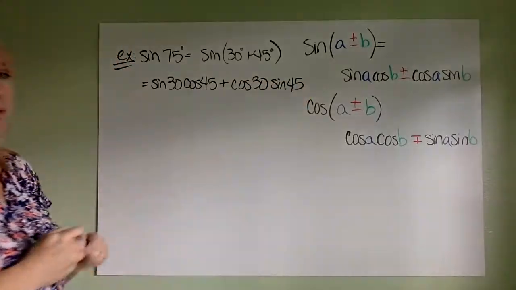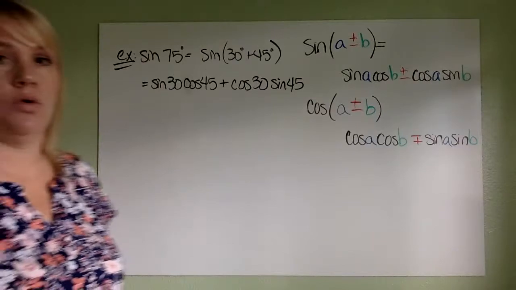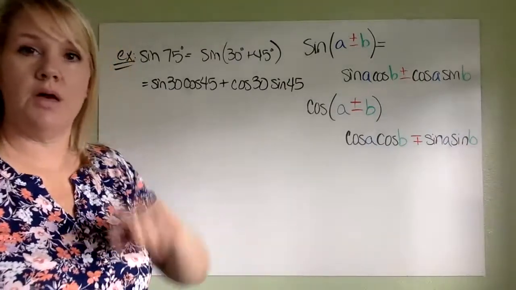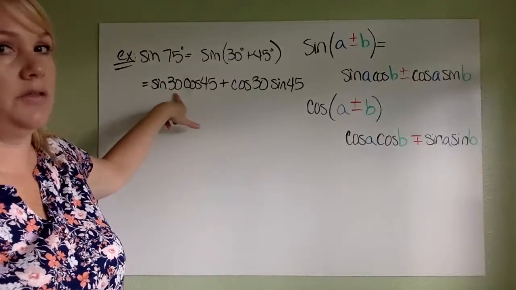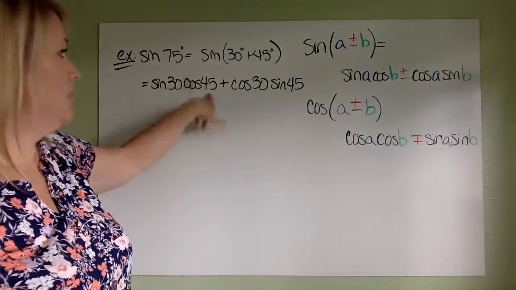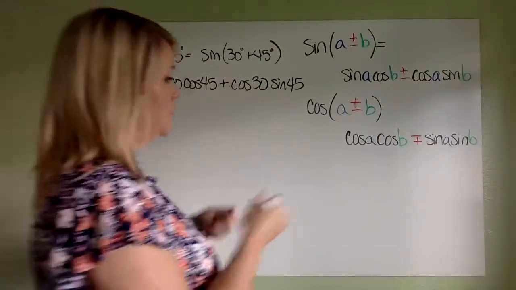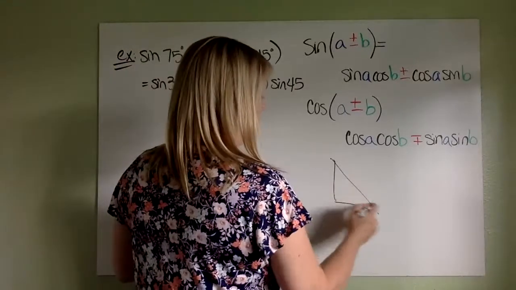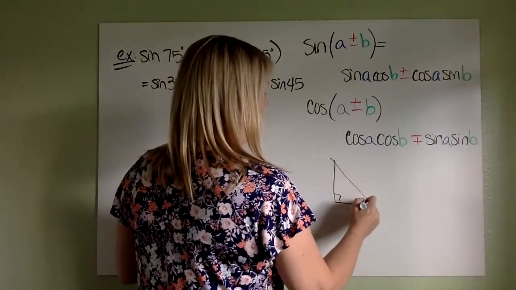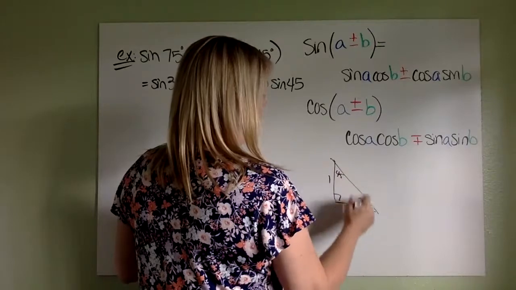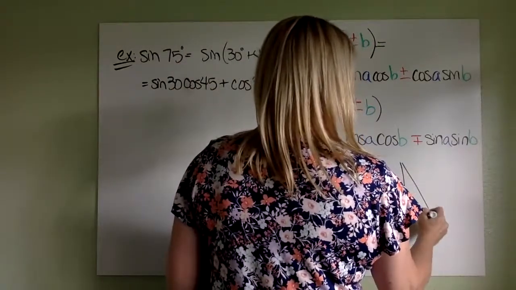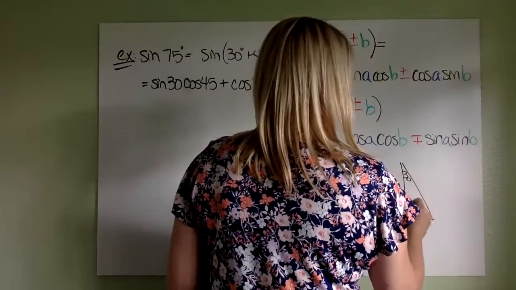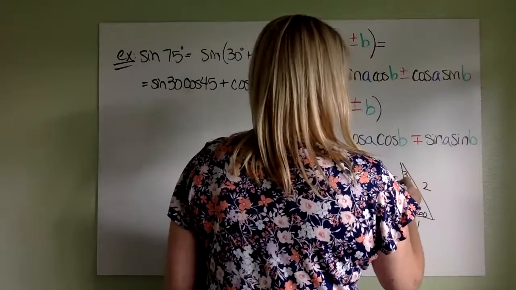And then you either go to your special right triangles or your unit circle and figure out what the exact value is for the sine of 30, cosine 45, cosine 30, sine 45. So if you're using your special right triangles, the 45, 45 is a 1, 1, square root of 2, right? The 30, 60, 90 is a 1, 2, square root of 3.